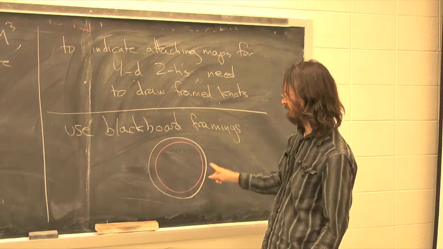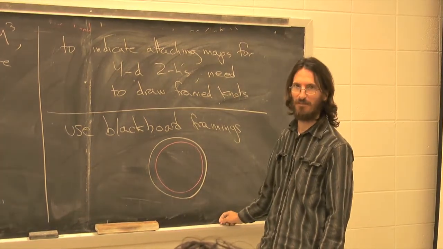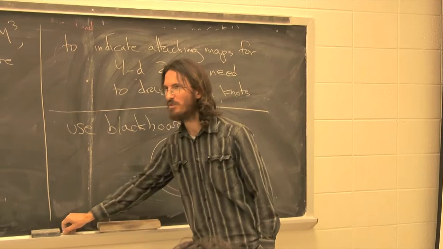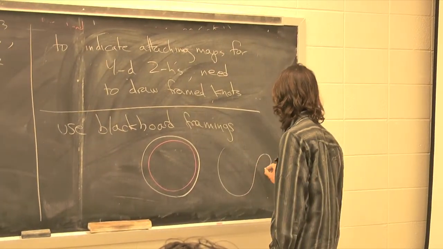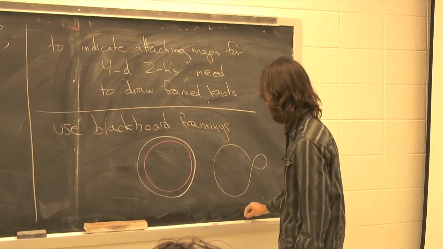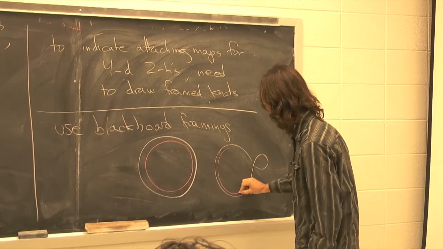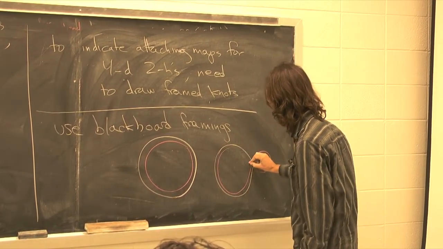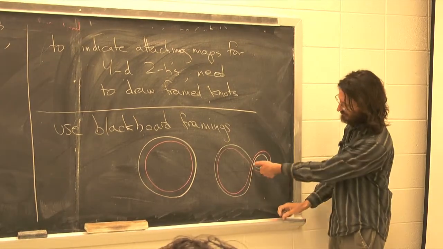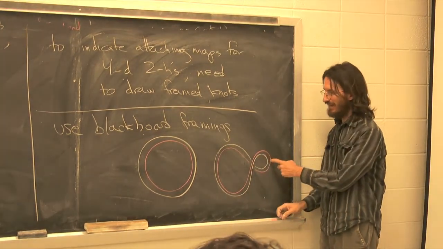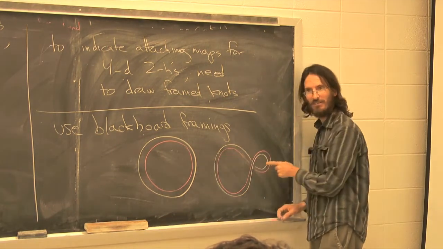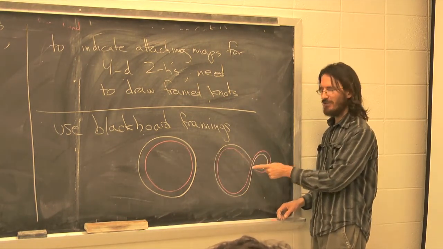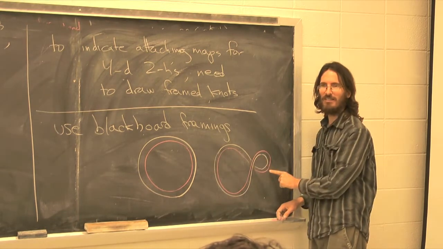So how could I possibly put an extra twist using the blackboard framing? The way you would do it is you would draw the same knot, but you put a little kink in like that. If you imagine straightening out this kink, the knots are isotopic to each other, really. But these are different framed knots.